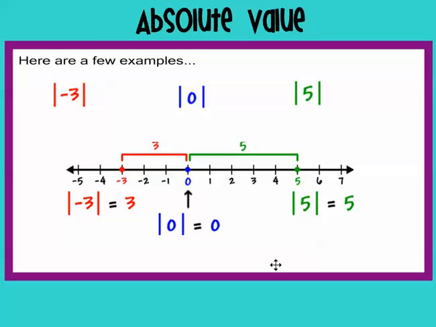If we look at +5, the absolute value represents the 5 spaces between 0 and 5 on the number line. So the absolute value of 5 is +5. Now the absolute value of 0 is going to be 0 because you don't have to travel left or right to get from 0 to 0. There's no distance between 0 and itself.